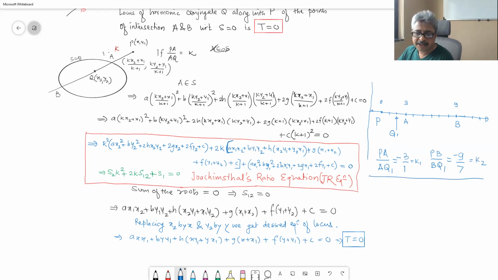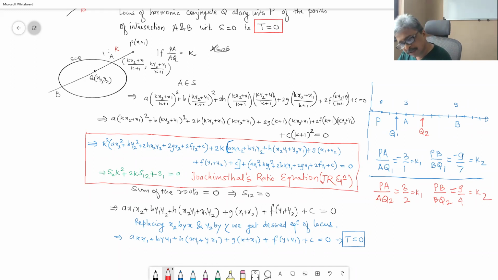Case 2. If I change the position of Q now and put it over here, this is Q2. Then PA upon AQ2 is equal to 3 upon 2, and PB upon BQ2 is 9 by 4 with a negative sign. I will call this K1, this K2.